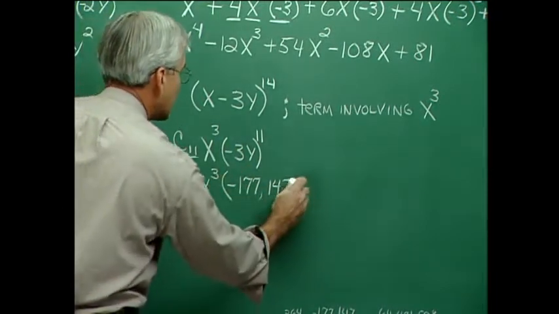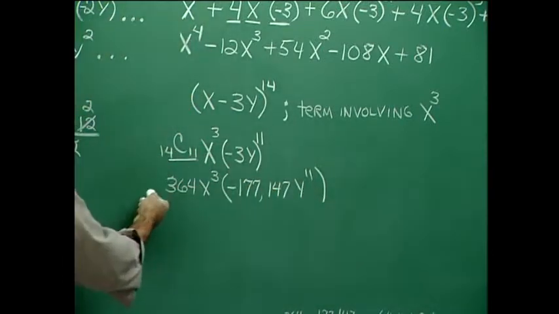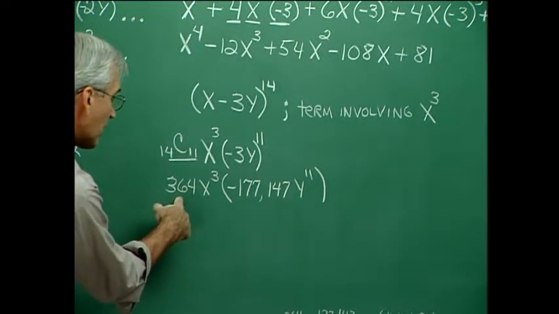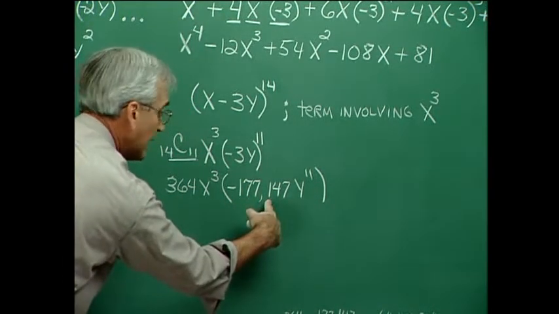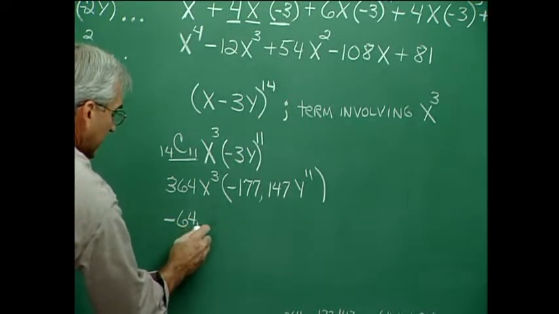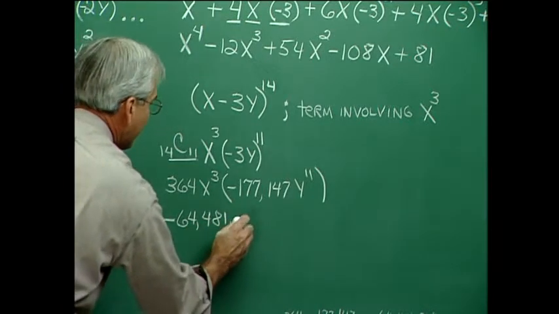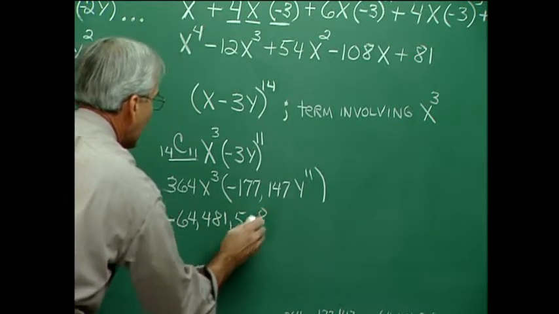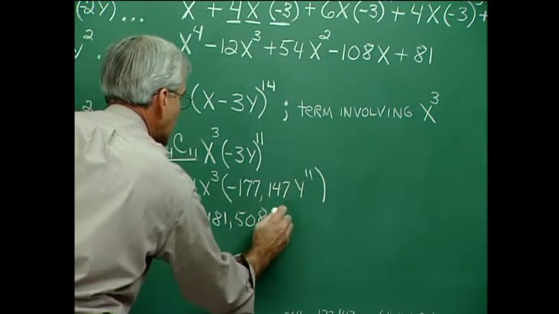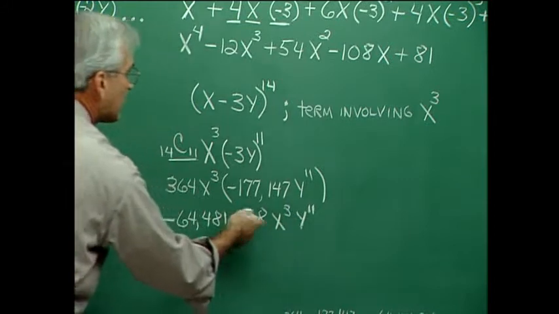Okay, so we get this and then y to the 11th power. All right, and then we multiply the naturally occurring coefficient times this one, and we get, let's see, negative 64,481,508. You might check me on that. And then x cubed y to the 11th power. Okay, so that turns out to be our result.